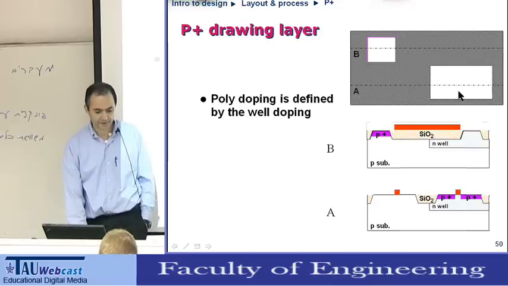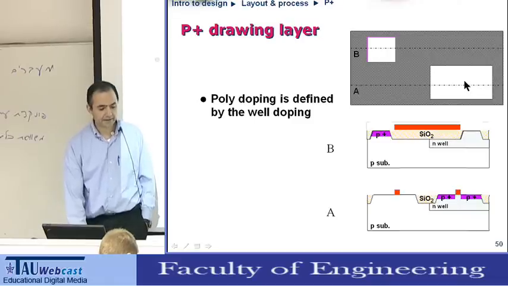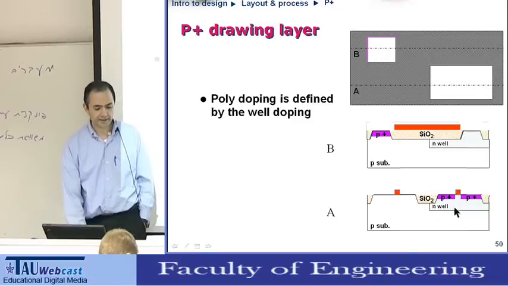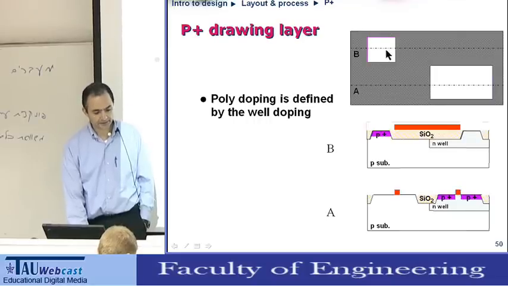The areas here are areas which we want to keep open. And then we implant. We see the implant penetrating the source and drain. It also penetrates the poly here. It will also penetrate this area, which we can see here.